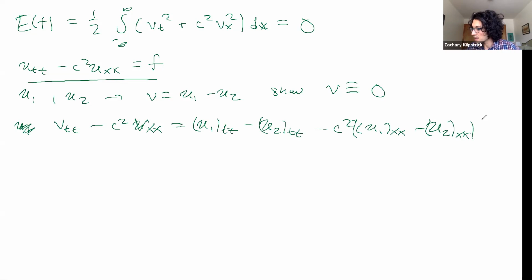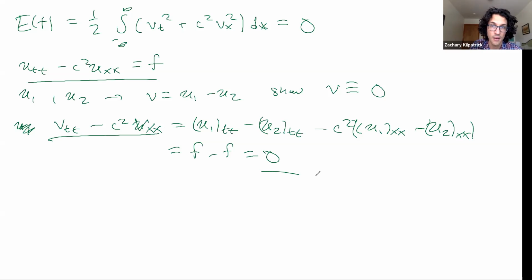And when you put this all together, this is all equal to f minus f, so it's equal to 0. So the PDE for V is homogeneous, right? The initial conditions for V are homogeneous, right? This step is important: defining V and defining the initial value problem for V.